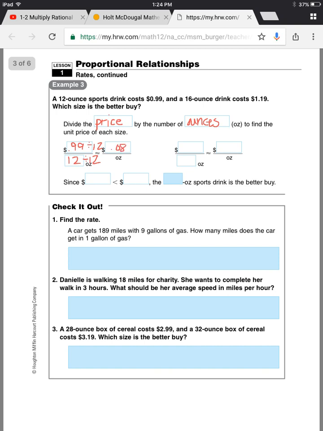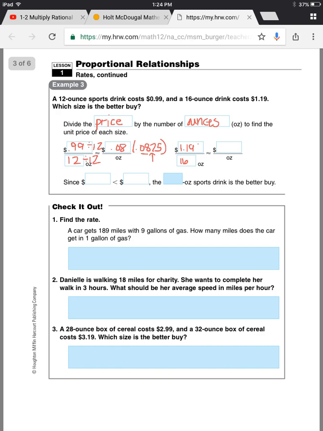That is rounded. When you do 99 cents divided by 12, you actually get 0.0825, and we rounded it. Money only goes out 2 decimal places, and that 2 makes that 8 stay an 8.